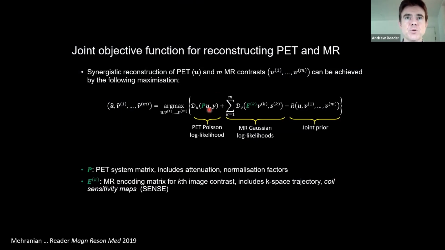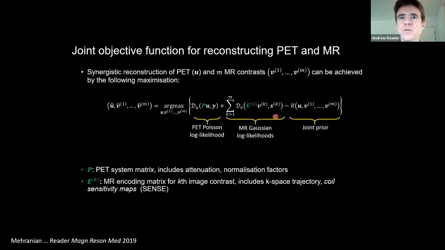And so what we have here is the objective function. Remember, we talked about that, of course, you're familiar with that from last week. We have the PET Poisson log likelihood expressed as a distance measure. Crudely, you can consider that as an asymmetric distance, the KL divergence. And then we've got the Gaussian log likelihood, that's the least squares distance. And then we've got now a penalty function, which is a function of both the current MR and the current PET image.